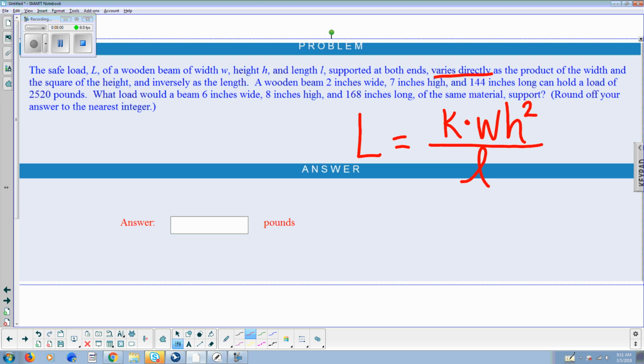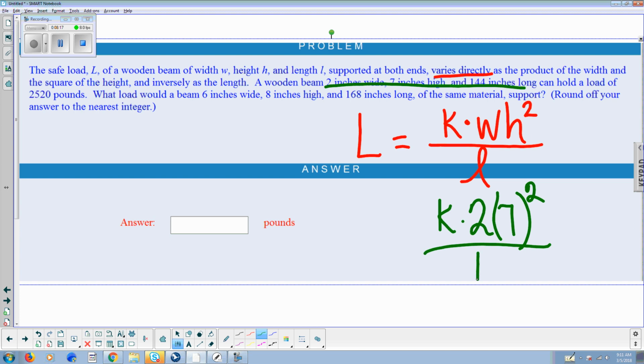A wooden beam that is 2 inches wide, so I substitute 2 for W, 7 inches high, and notice the height has to be squared, and 144 inches long. So this is my sample information. So 144 goes here. Can hold a load of 20 pounds. So there is my substitution to enable me to solve for K.